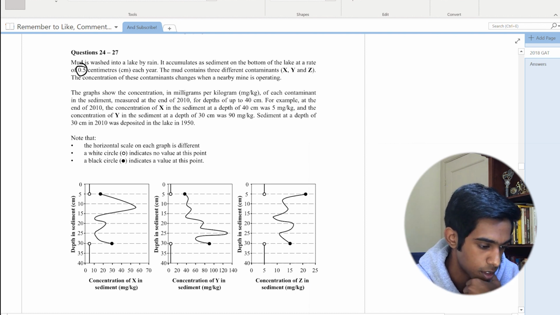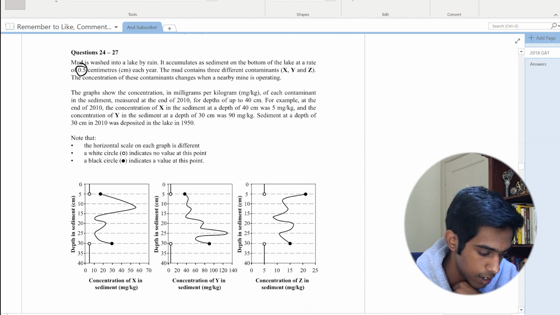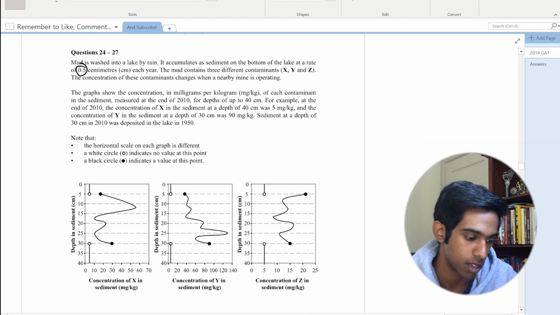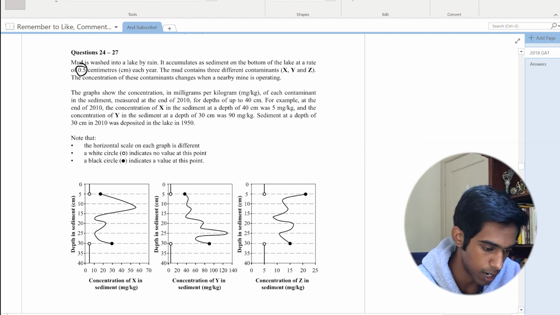Okay. For example, at the end of 2010, the concentration of X in the sediment at a depth of 40 centimeters was 5 milligrams per kilogram.